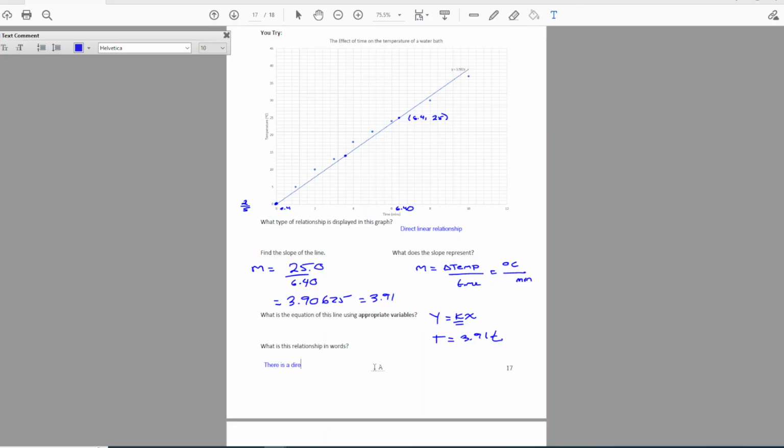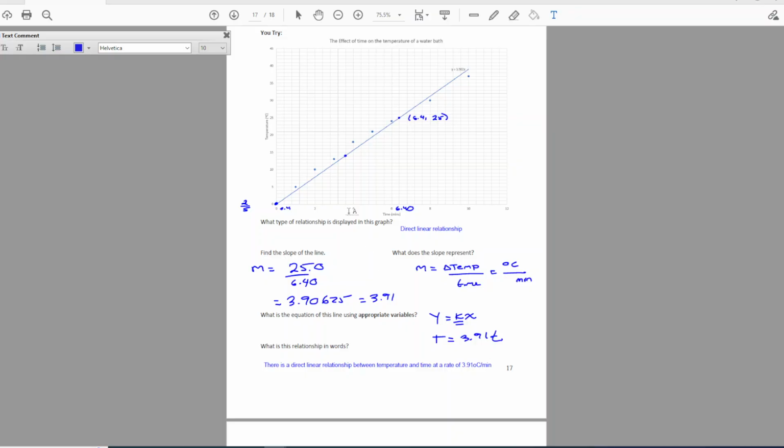There is a direct linear relationship between temperature and time at a rate of 3.91 degrees Celsius per minute. In other words, the temperature of your bath is increasing over time. It's increasing at a rate of 3.91 degrees Celsius every minute.